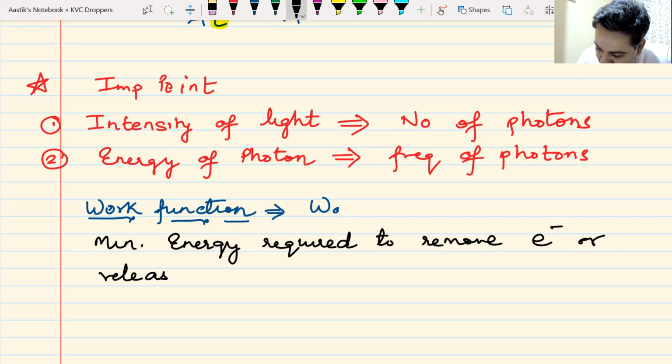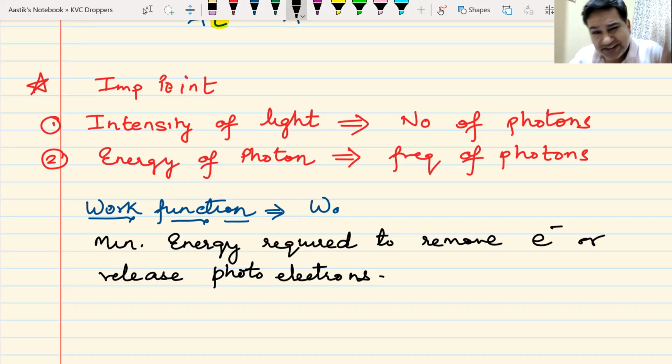Do we understand this? Yes, sir. Something like ionization potential or something of that nature.